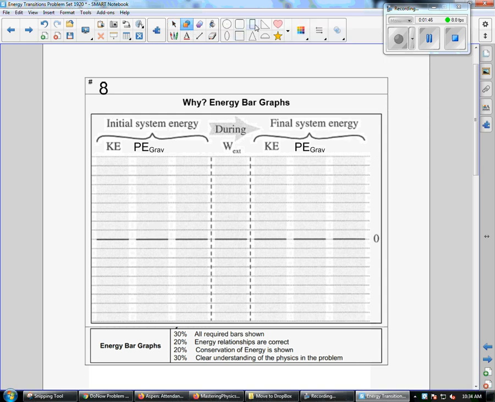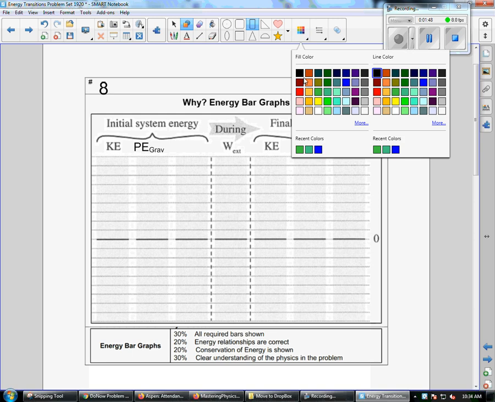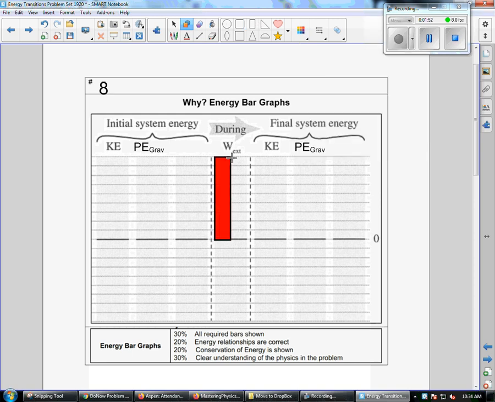Then my engines kick in. So my engines do a whole bunch of work on me.